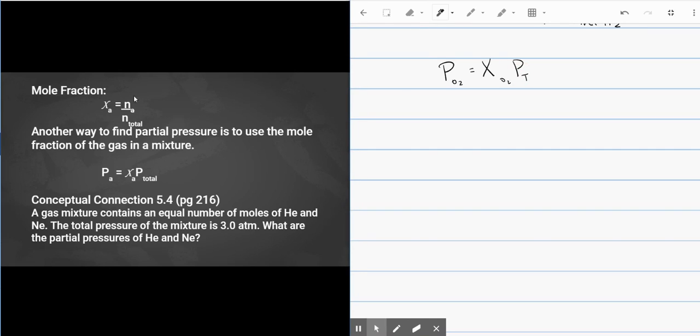The mole fraction is the moles of O2 over the total moles, and that's not minus, that's equals. They make it this weird X to not have it look like you're multiplying or like you're using X as the variable here.